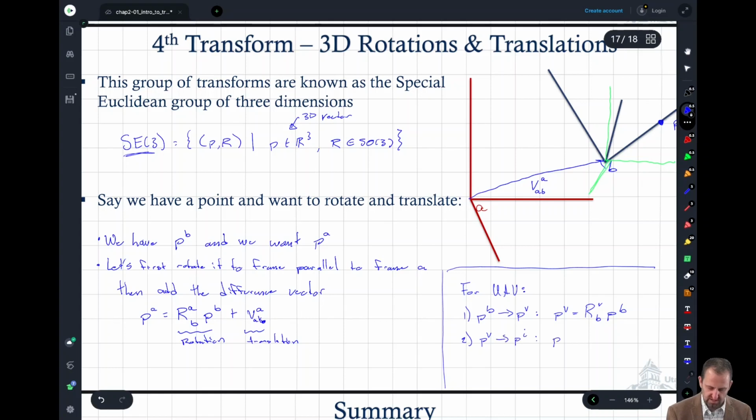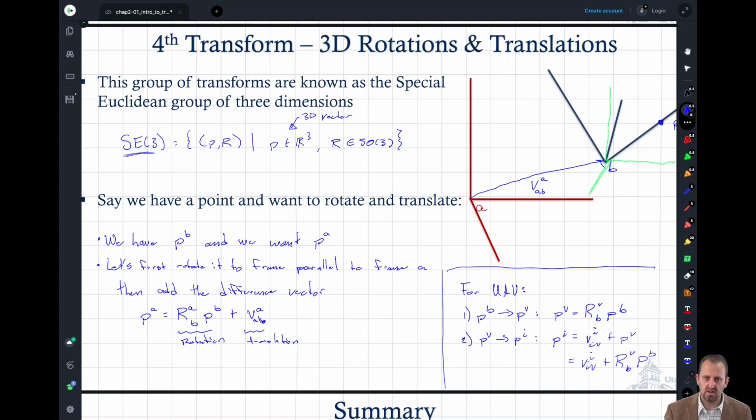All right, so in this case, our P_I is equal to V_I to V as expressed in the I frame, plus the rotation from B to V times P_B, which you can see is just exactly what we'd written before. So that's how we're going to do our three-dimensional rotation and translation.